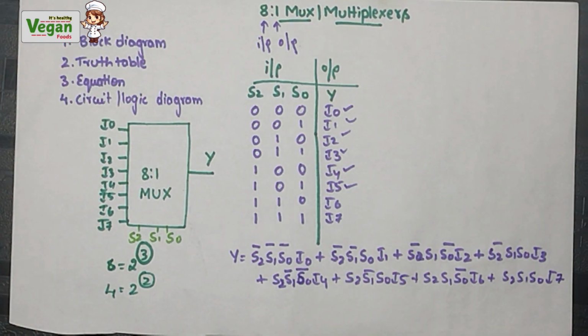So now we have completed the formation of the characteristic equation using the truth table. In the next step, we will be drawing the circuit or the logic diagram for these equations.